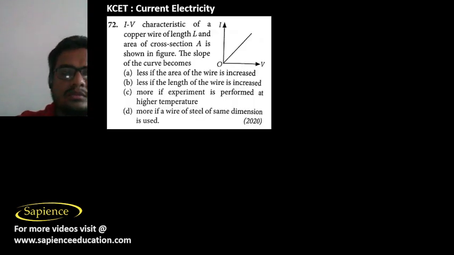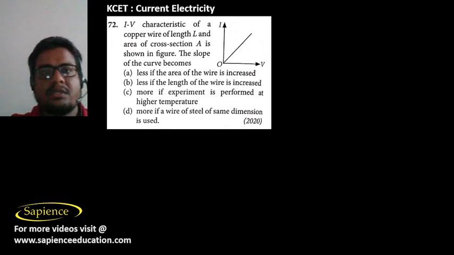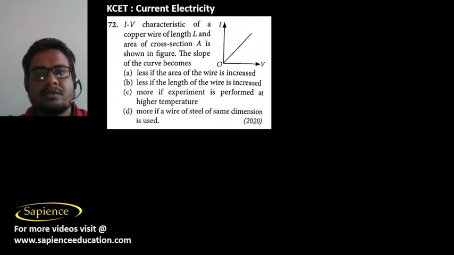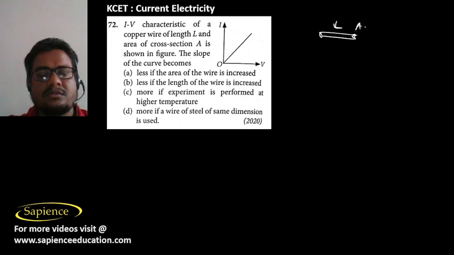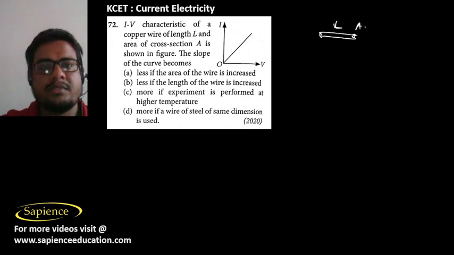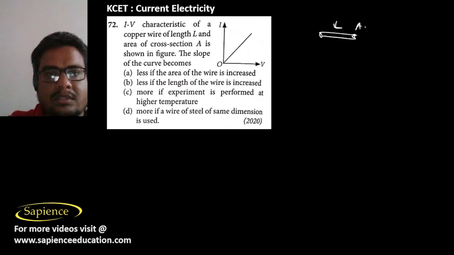Then in question number 72, it is the IV characteristic of a copper wire of length L and area of cross section A, shown in the figure. The slope of the curve becomes less if the area is increased.